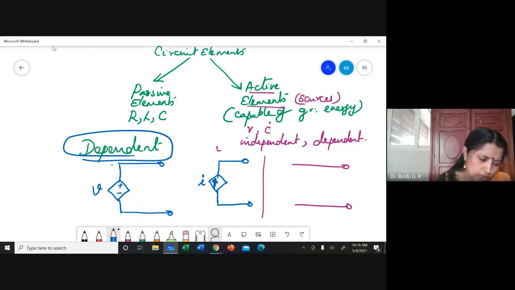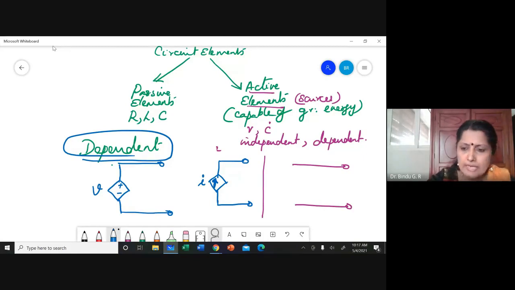So what is a dependent source? It is a controlled source. That is, the source is an active source or active element, but the source quantity is controlled by some other voltage or some other current. Like as in the case of an op-amp, etc. Now, the dependent sources can be of many types.